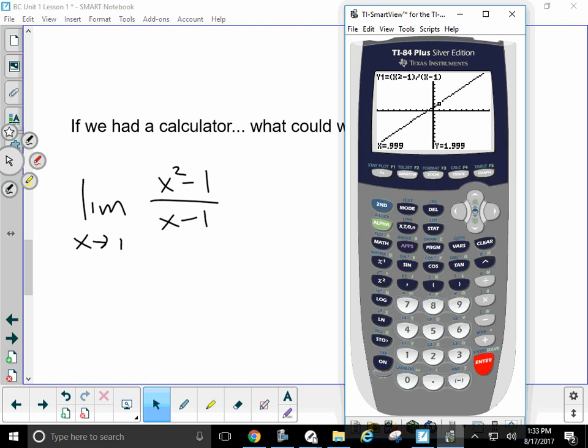And I see that y value is 1.999. If I try 1.0001, I see I'm really, really close to 2. Okay, that's one way. That's the way I prefer. You can kind of see that if you just go to the left and the right, and you trace over the value. Anybody find another way to find that this limit is equal to 2?